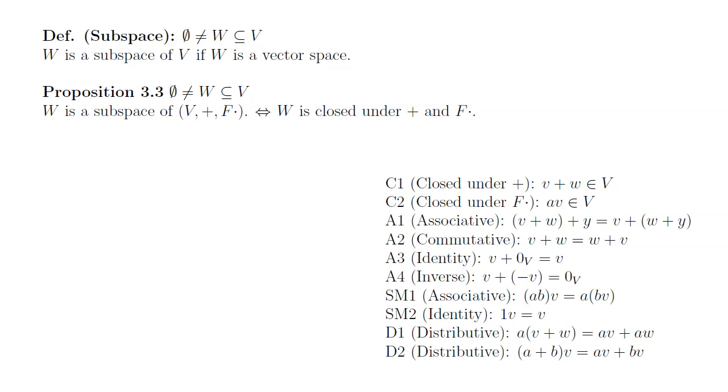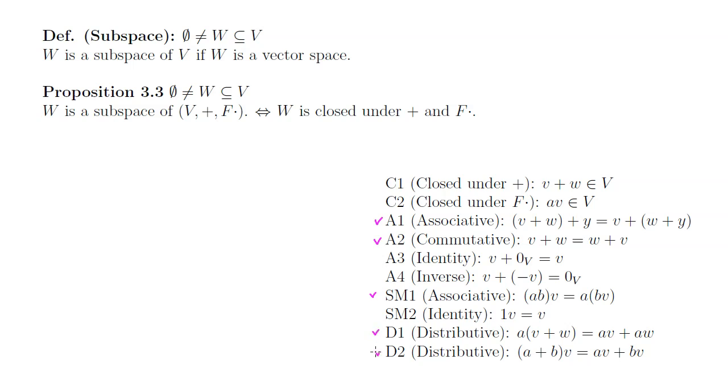Since we're using the same addition and the same scalar multiplication from the vector space, we can check off a bunch of things, like associativity and commutativity, because it's the same addition. Also associativity for the scalar multiplication, and both distributive properties.